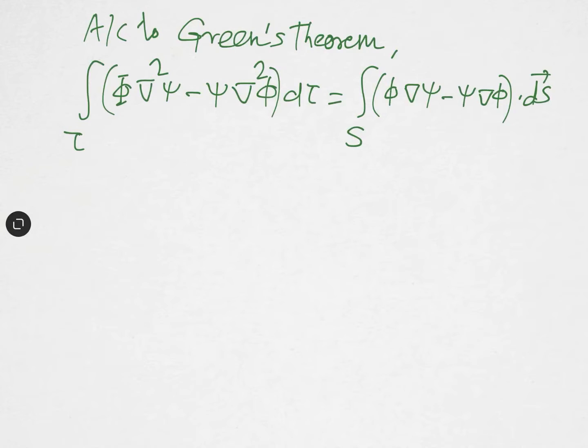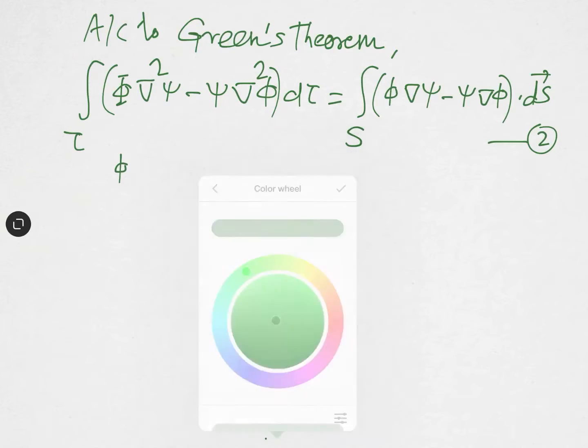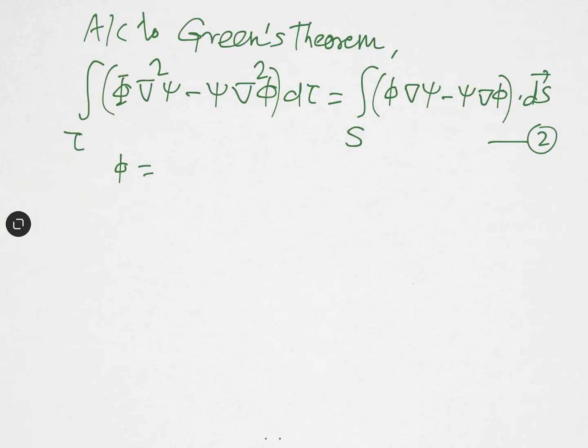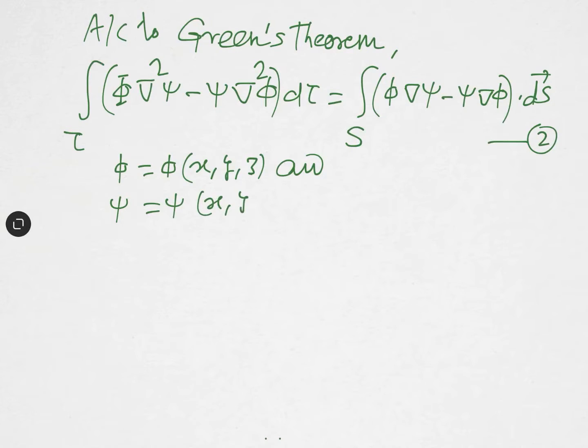This is actually the mathematical form of Green's theorem in space. Here phi and psi both are functions of space coordinates. This phi is a function of x, y, z, and at the same time this psi is also a function of x, y, and z.